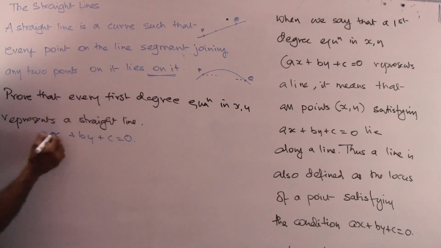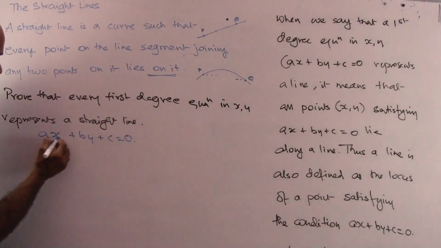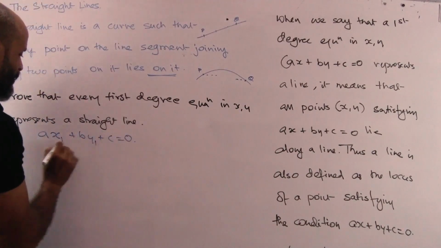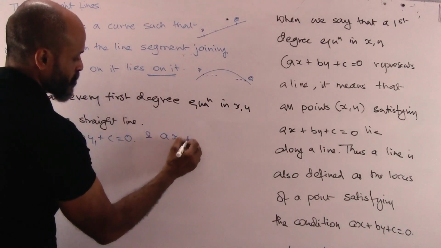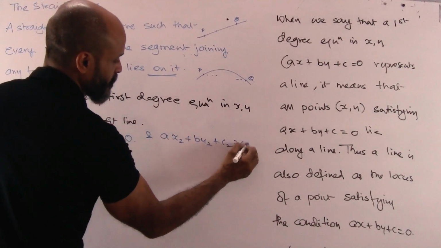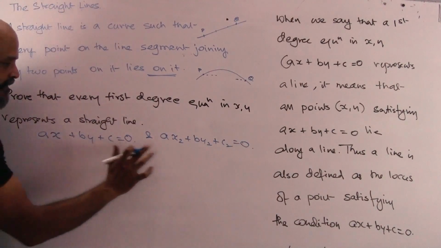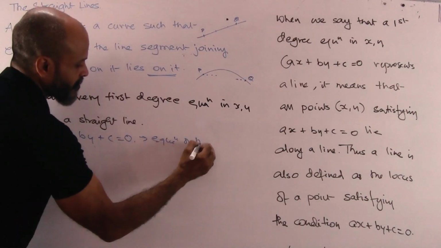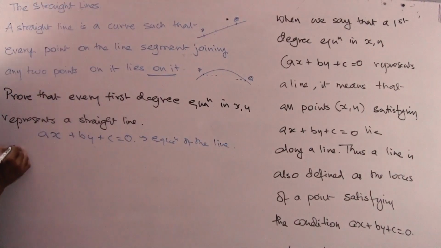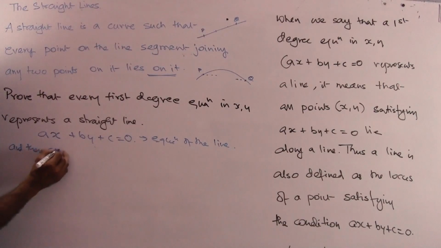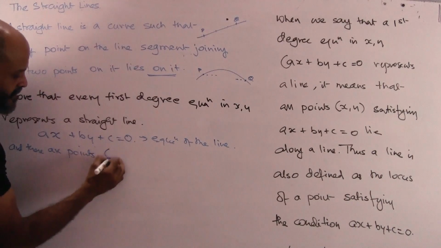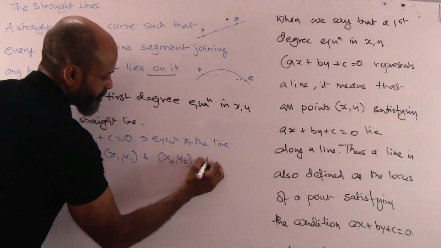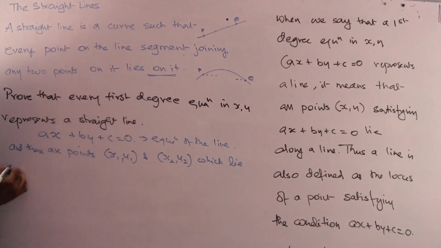Now we have ax plus by plus c is equal to 0. Let's say we have 2 points here, one satisfying ax1 plus by1 plus c1 is equal to 0 and the other ax2 plus by2 plus c2 is equal to 0. This is basically the equation of the line, and there are points, let's say x1 y1 and x2 y2, which lie on the line.